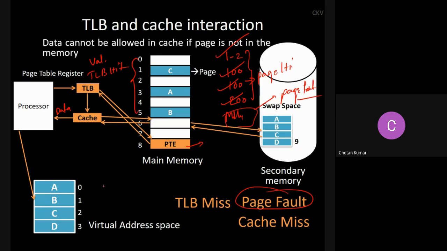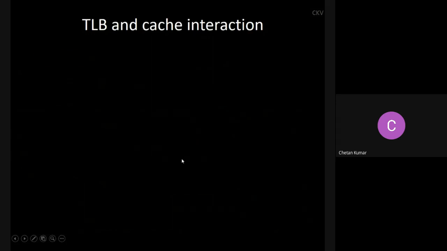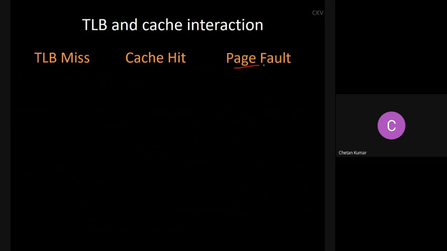Now, what are the cases that never occur? Can you list all of those cases which will never occur, and can you give justification for those? One is TLB miss, cache hit, and page fault. It will never occur because when I say page fault, the cache cannot be hit.